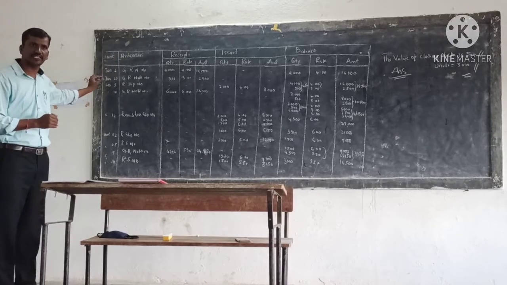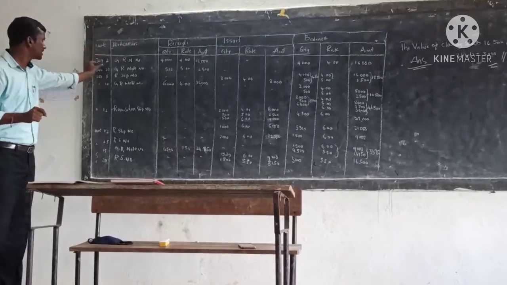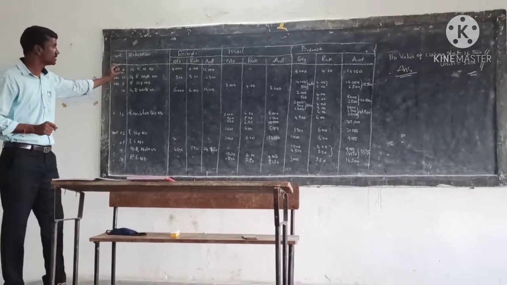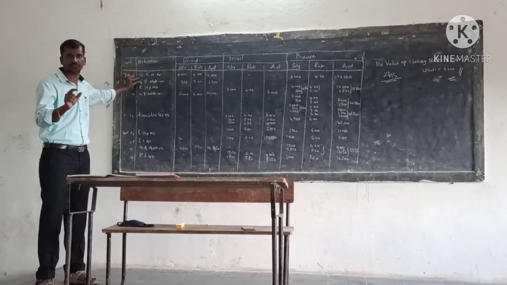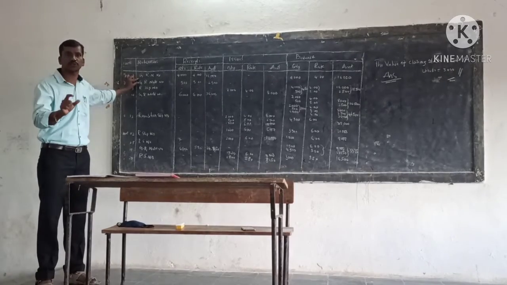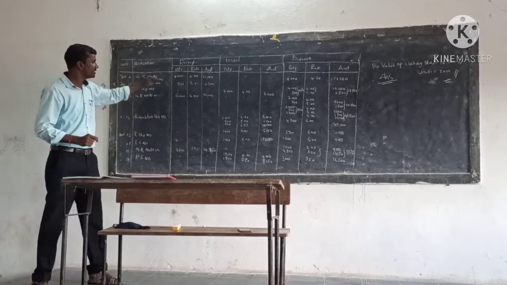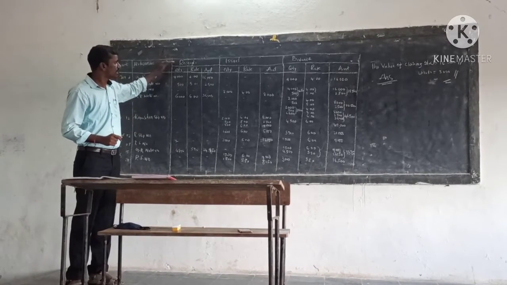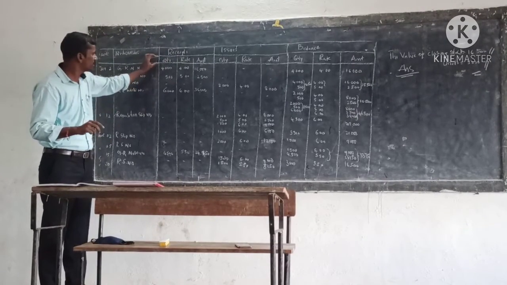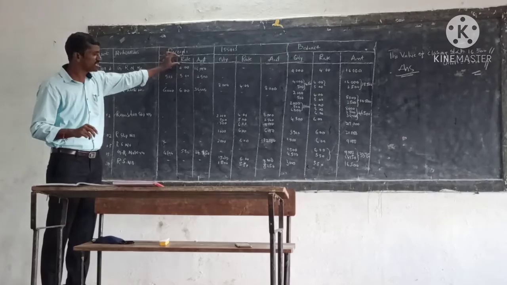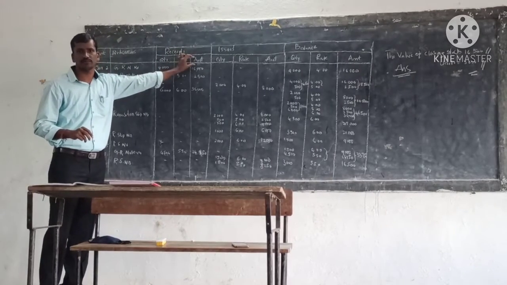So we shall write the given date of transaction in the date column. Then we write whether we have received the goods or issued the goods in the particulars column. Then in the receipts column again we have 3 columns. Number 1 is quantity, number 2 is rate per unit, number 3 is amount column.